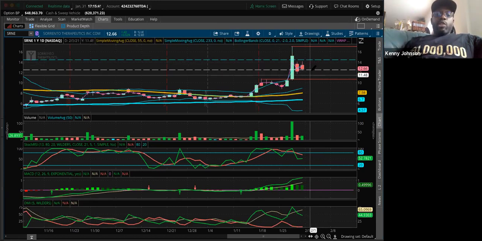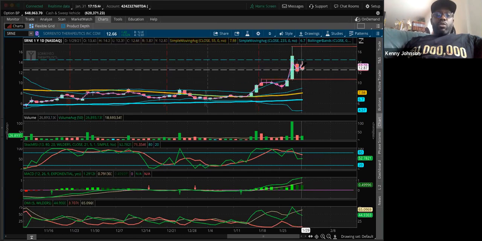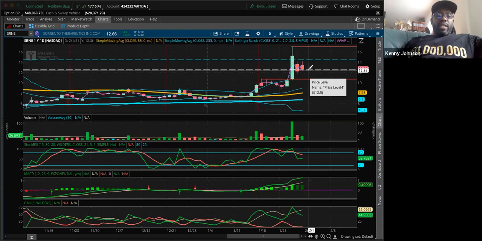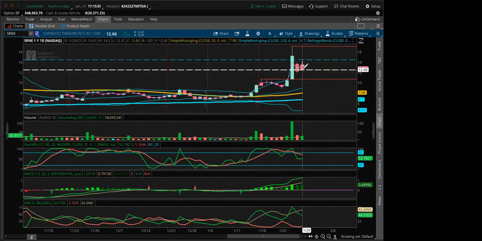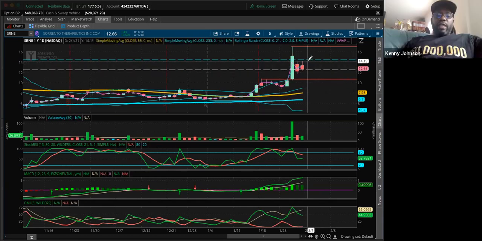And vice versa, just like how this 1250 is, it broke through it, and now it's kind of hanging out around 1250. You know what I'm saying? It's not going no lower, but it ain't going no higher than 1450 either. So that is a trading range in which it's trading in. So you can use that when you figure out what the support level is and what the resistance level is.